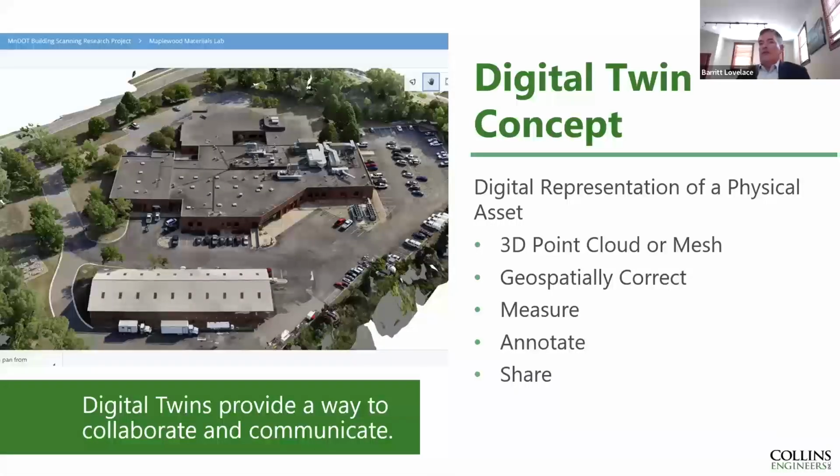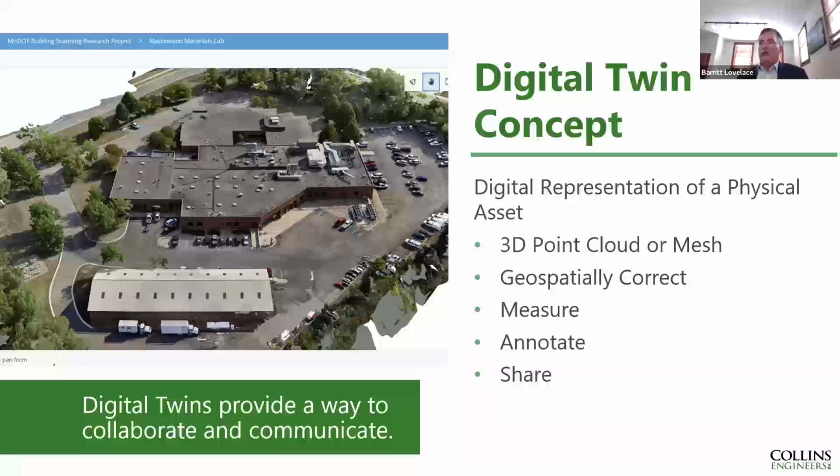So the first thing, this concept of a digital twin, at least to me, the definition of a digital twin is a digital representation of a physical asset. And that physical asset can be anything really in the world. For us, it's usually some type of infrastructure, whether it's buildings, roadways, bridges, sign structures, anything that we want to model, we can call a digital twin.